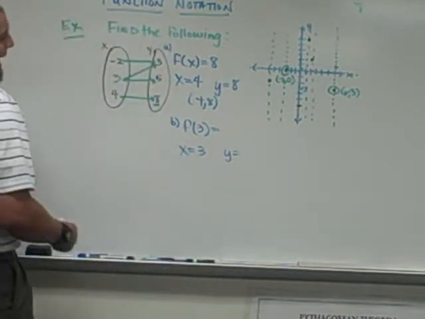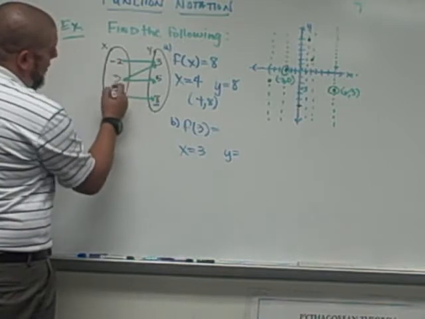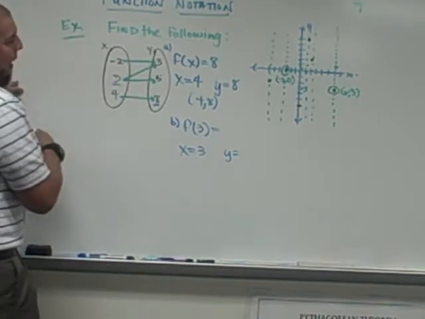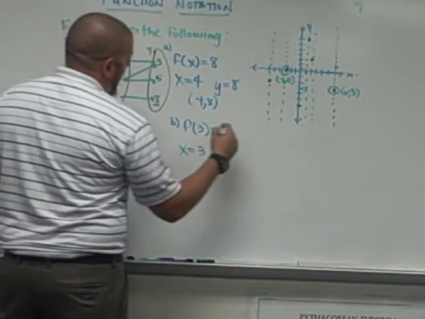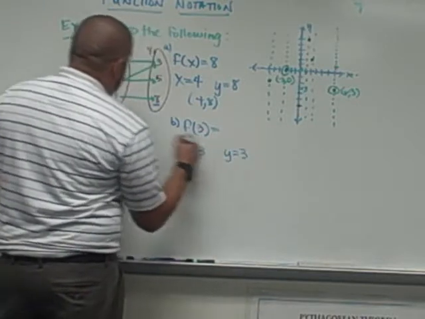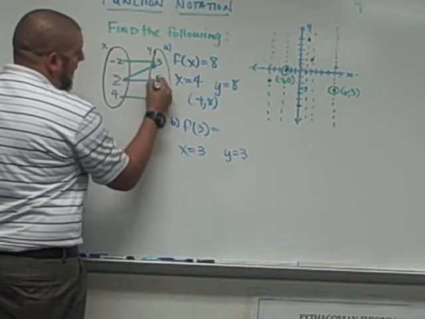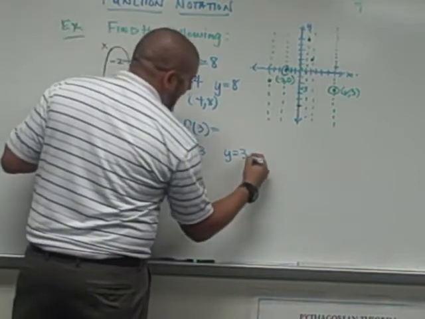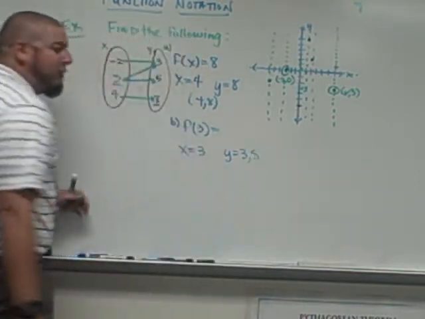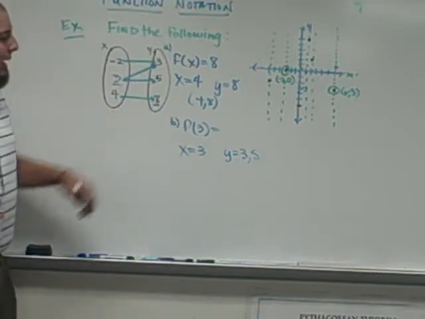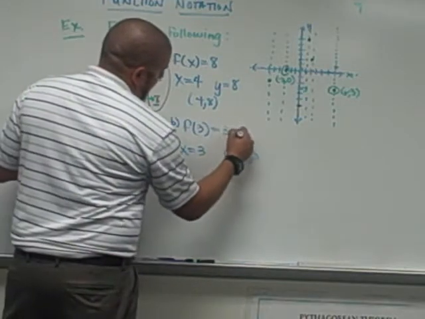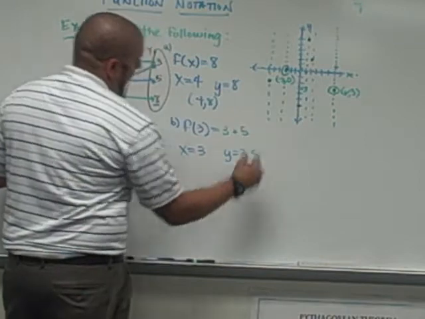When x equals 3, I go over here to 3 on the x side. My y value equals 3. And if you notice here, here's 1, here's 2. My x equals 3 and my x equals 5. So f of 3 is 3 and 5.